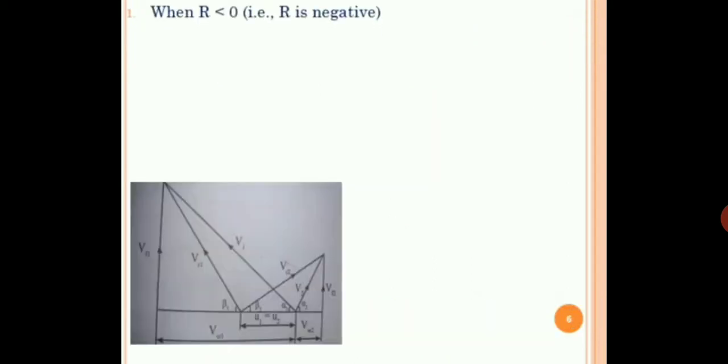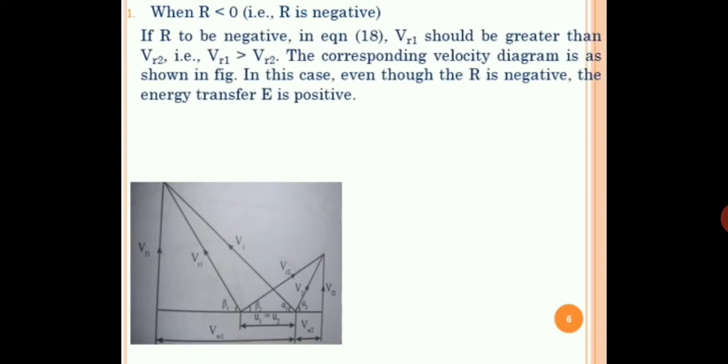The first velocity triangle is when R is less than 0, that is, R value is negative. This is the combined velocity triangle when R is less than 0. If R is negative, then in equation number 18, VR1 should be greater than VR2.